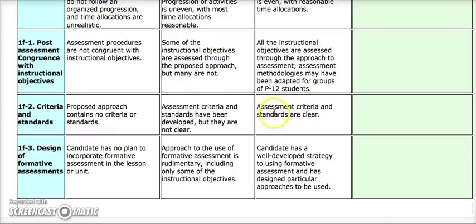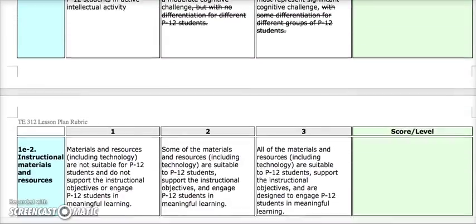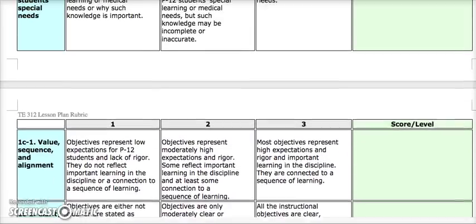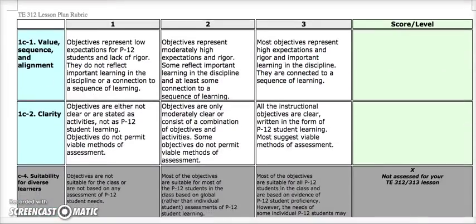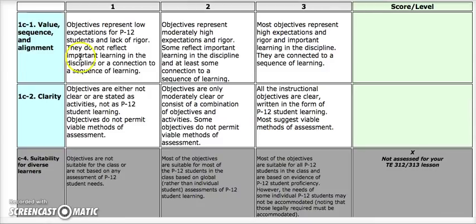So I've asked you to use the standard indicator because it's more specific. And, oops, if you got dizzy there, the 1Cs deal with our learning objectives. So we'll just examine the top here.